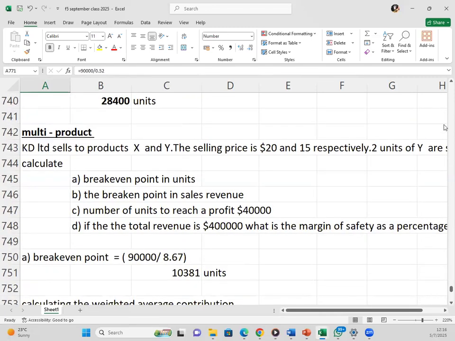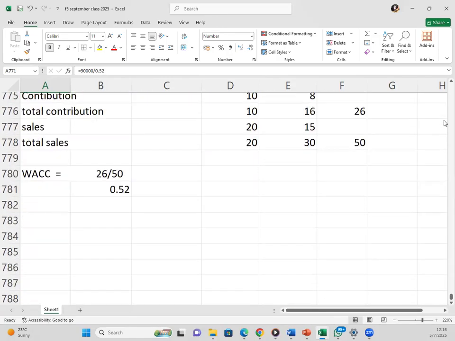Then the next question is the number of units to reach a profit of 40,000.